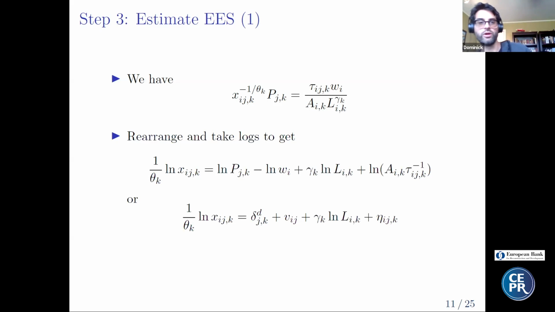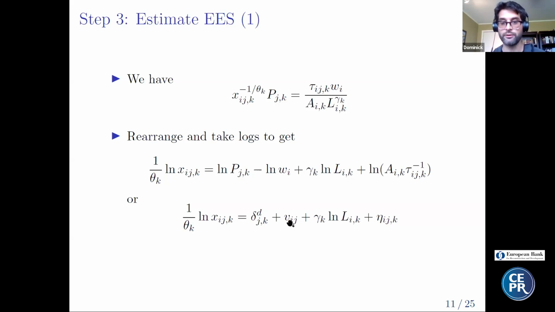Okay, we can rearrange and take logs to get the following structural expression, where on the left-hand side we have this trade share that's being deflated by the trade elasticity, and on the right-hand side we have all the components. We can write it in the following form: the log of the trade share times 1 over the trade elasticity equals this destination-sector fixed effect, capturing the price index.